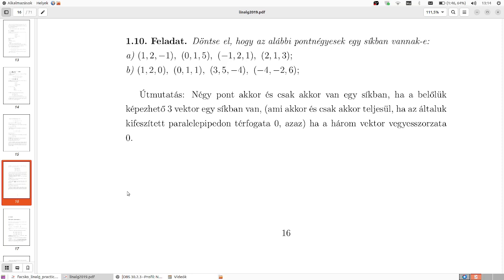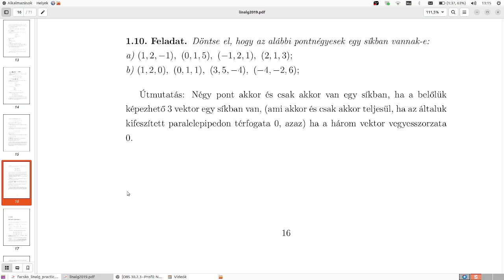It's better if you do C means A. So starting from A, you will have three vectors, and these three vectors are the differences of these points.